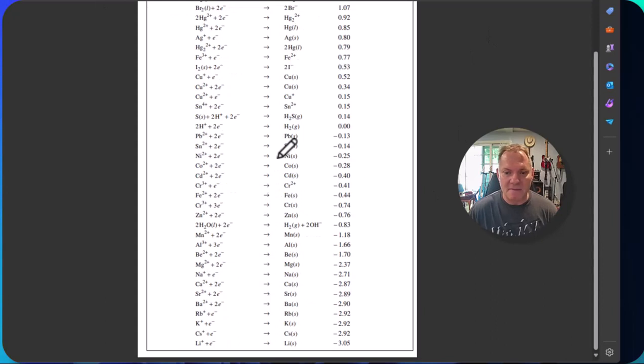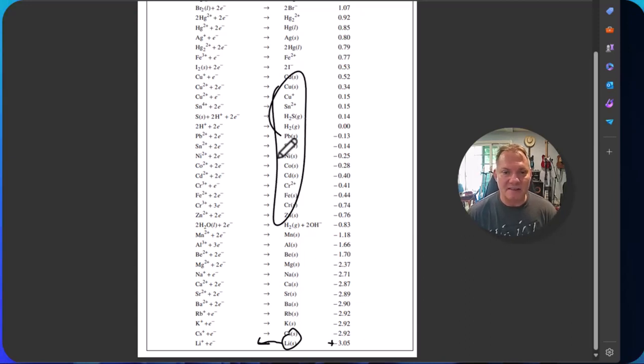If I scroll down to the bottom here, in this particular table, lithium undergoing oxidation is at positive 3.05 volts, making it the strongest reducing agent on this particular table. So these guys over here undergoing oxidation, they're our reducing agents. These guys over here undergoing reduction are our oxidizing agents. And we just look at the values of the voltage to determine strength relative to one another.